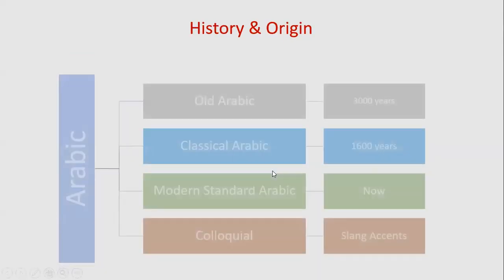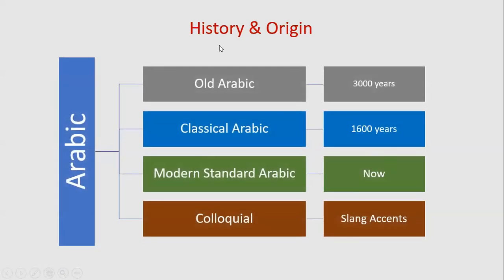And this is also a table showing the history of Arabic during the ages. So first of all, when we know old Arabic, this is the old language that existed before 3,000 years.